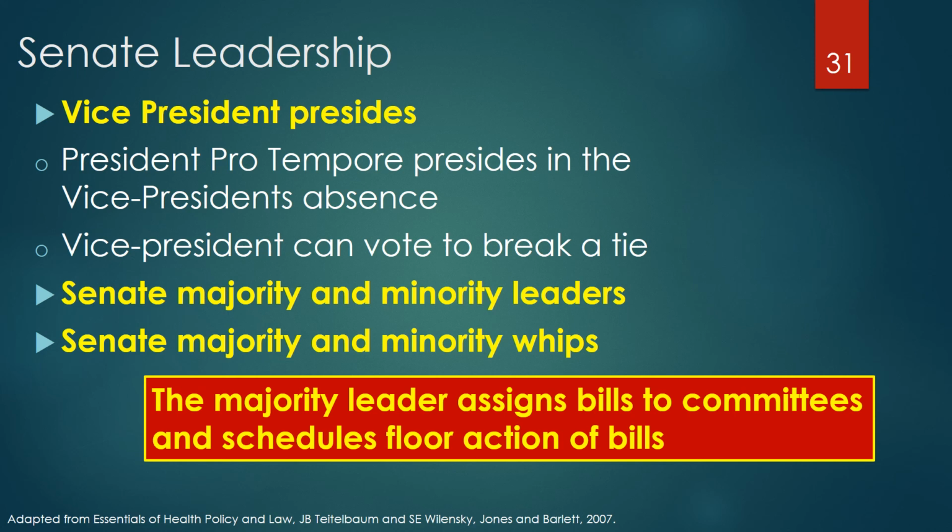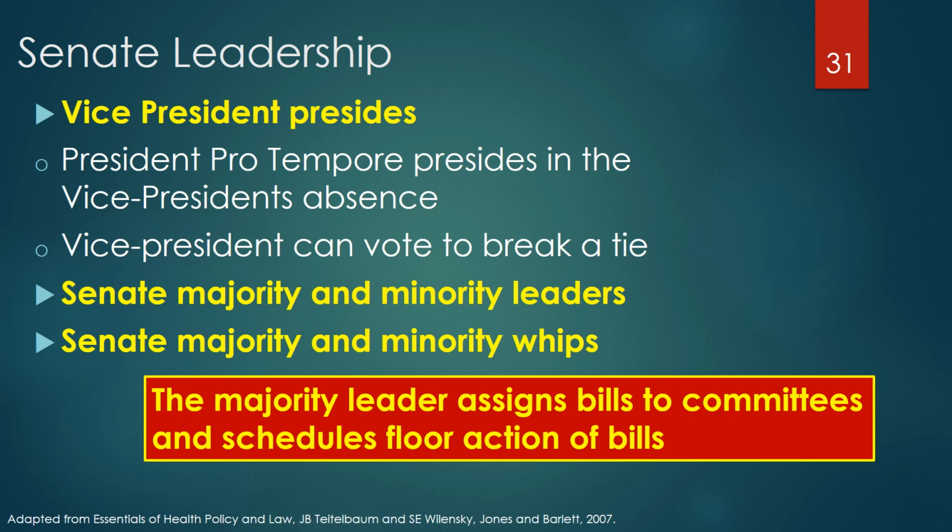The majority leader assigns bills to committees and schedules Senate floor action of bills. Both the majority and minority leaders work on committees, direct strategies, and seek to keep their respective parties unified. The majority leader may block bills by not scheduling them for consideration by the Senate.